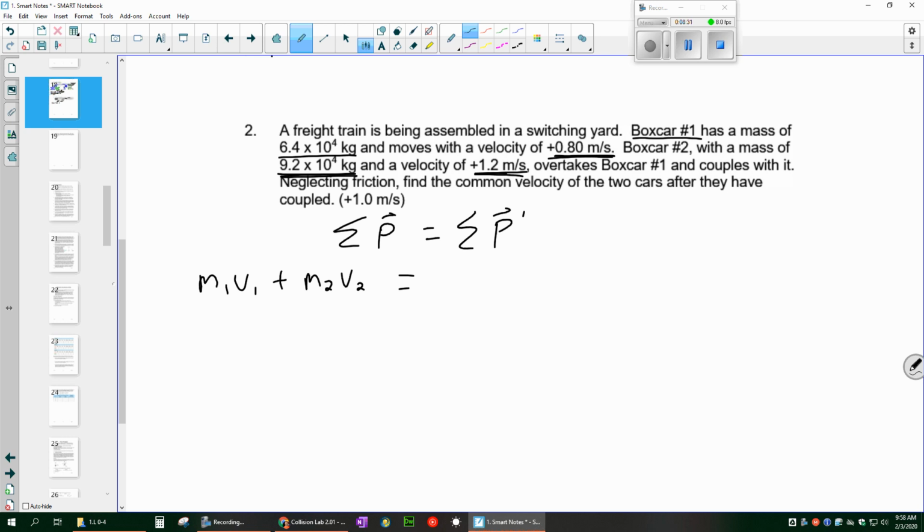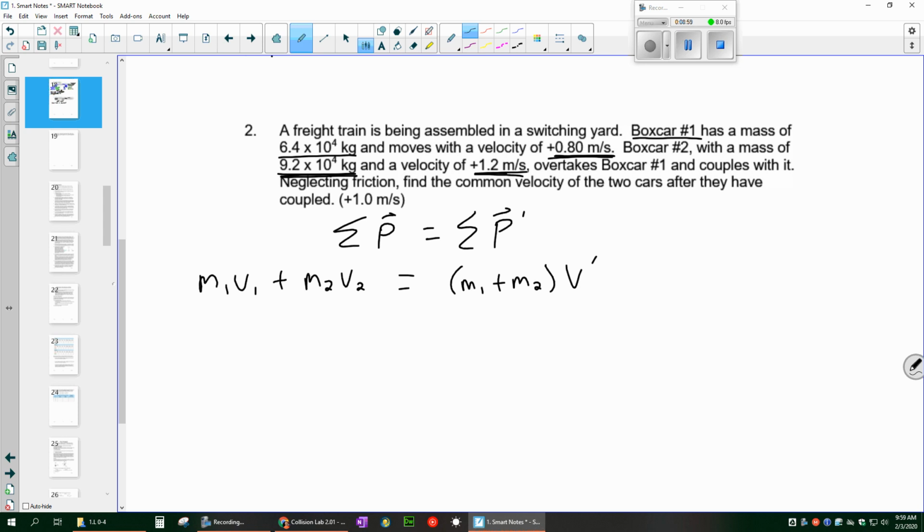Okay, so the way this is going to look then is we're going to say M1 plus M2 times, and then I'm just going to say V prime, because this is like my 1 and 2. You could say 1 and 2 as a subscript if you like, or just V to remind yourself there. And then that's really it. So it says common velocity, right? So if I want to get V on its own here now, I can divide by this whole thing, everything in brackets there.